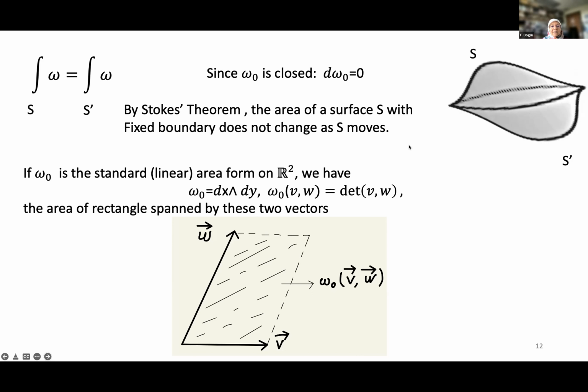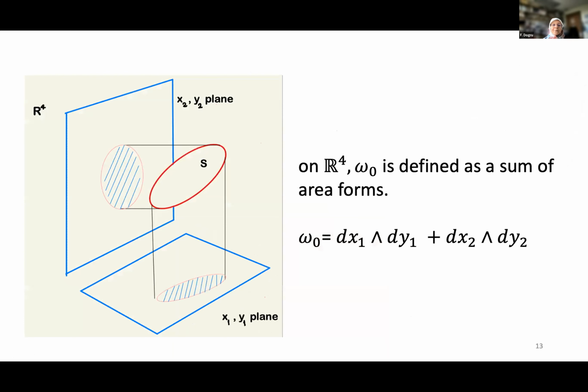To see what kind of structure this is in a simple way, just think about R2. If we define omega 0, a two-form, as the determinant of two vectors, it is just the area between these two vectors, the parallelogram. Actually, this geometry is pretty strange for me, so let me give you one more example to show how strange it is.